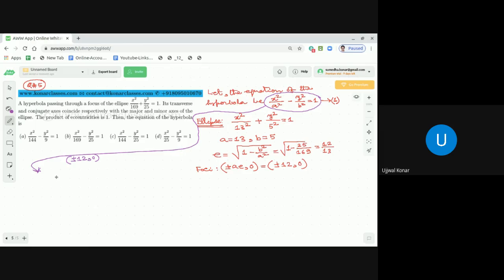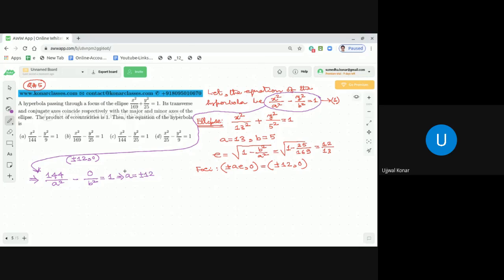What we get here, dear students, is that x square is equal to 144. So 144 divided by a square minus y square, that is 0, divided by b square is equal to 1. From here we get a square is equal to 144, and eventually the value of a is equal to plus minus 12.